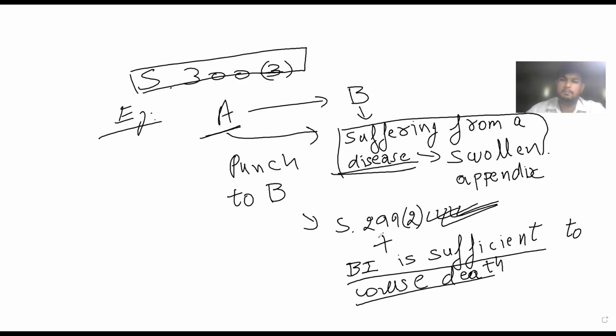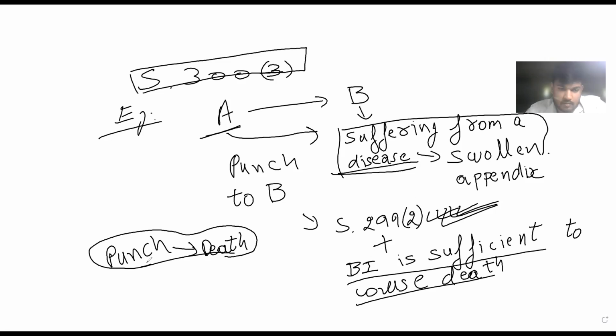Now, whether a punch will lead to death of a person, tell me, whether a punch can lead to the death of a person. Right. A simple punch can never lead to the death of the person. So a simple punch which led to the death of the person will not make him liable for 300 unless and until the accused had the knowledge.